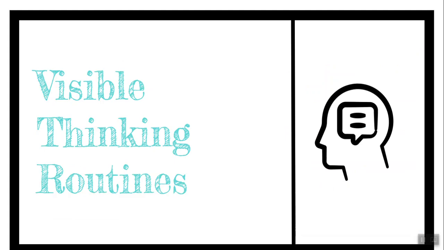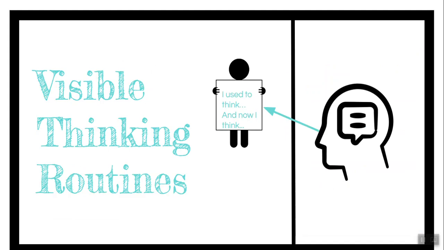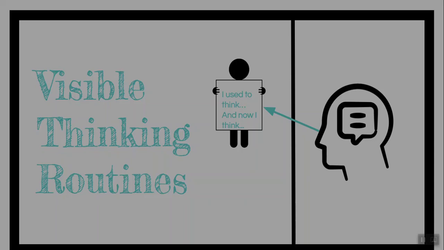So when students engage in the learning tasks that we design, they're thinking about the content in our classrooms. However, when those thoughts are only living inside students' heads, we don't actually know what students are learning. So visible thinking routines are a way to make students' thinking visible. They provide evidence of student learning that we as teachers can see to help us inform future instruction.